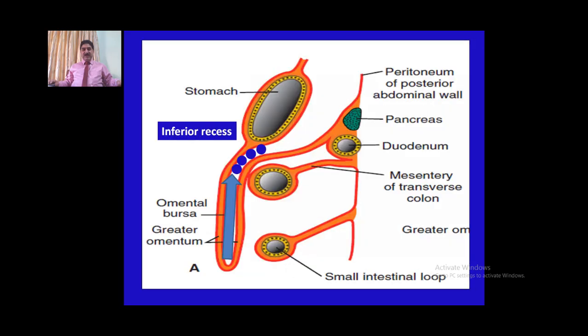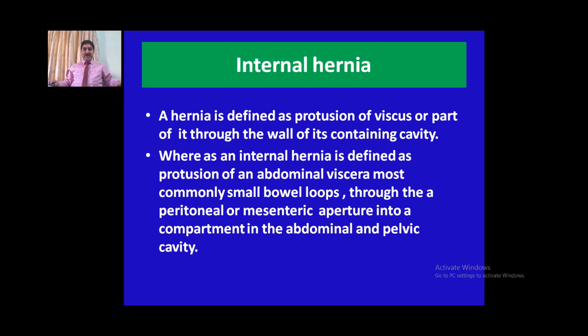As already discussed, the inferior recess lies between the anterior two layers, we can call them descending layers, and posterior two layers of greater omentum. The part of greater omentum between the colon and greater curvature of the stomach is obliterated to form the gastrocolic ligament.